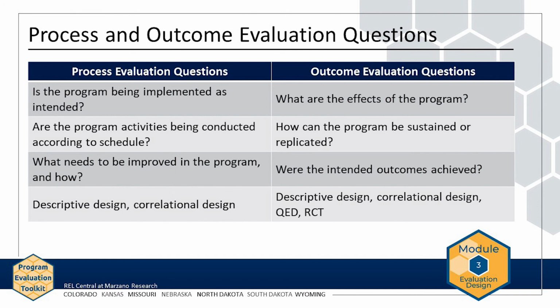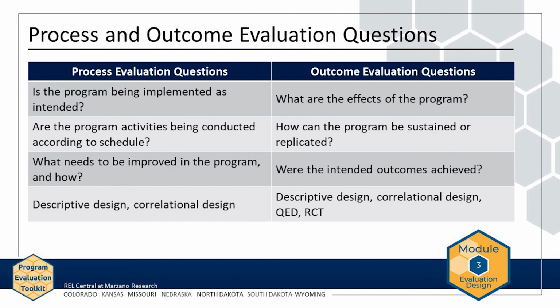Outcome evaluation questions, on the other hand, relate more to the results of a program. Example outcome evaluation questions are: What are the effects of the program? How can the program be sustained or replicated? And were the intended outcomes achieved?